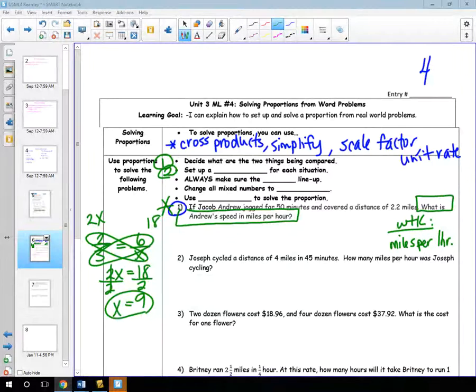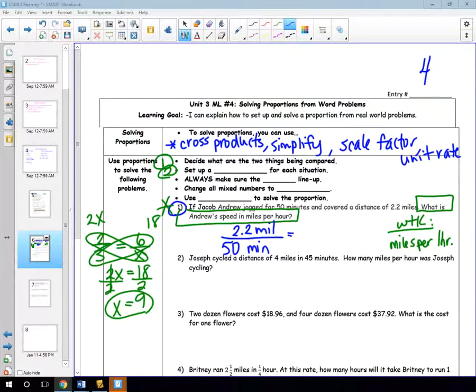Now we've got to set up a ratio for each situation. Right now, what do we know Andrew has done? He has covered 2.2 miles. And how long has it taken him to cover 2.2 miles? It's taken him 50 minutes.